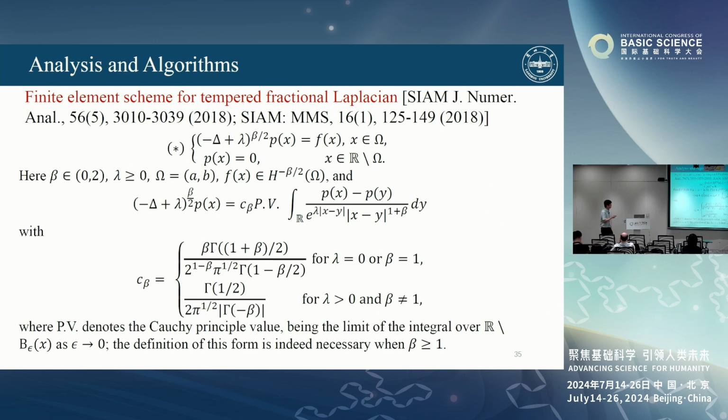For the fractional Laplacian there are already some existing results: the variational framework has been built, and the finite element analysis has been discussed in detail. But for the operator with lambda bigger than 0, if lambda equals 0, it reduces to the fractional Laplacian.